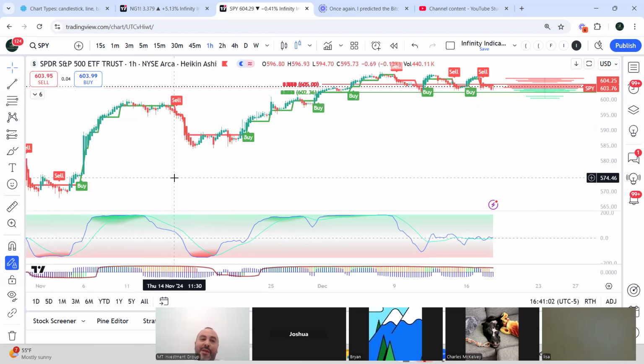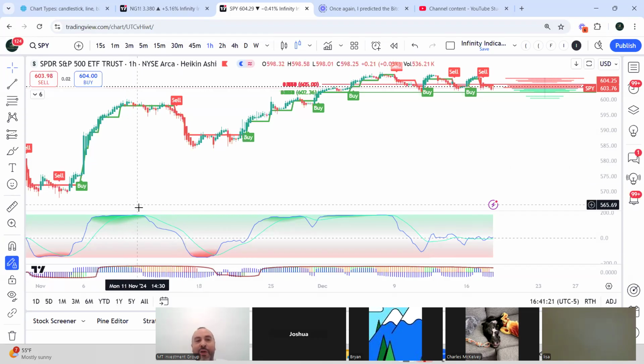It's essentially an oscillator like a MACD or an RSI, but it integrates AI into it. I believe it integrates moving averages into it as well. It's really solid, and I'll show you really quickly how it's used.